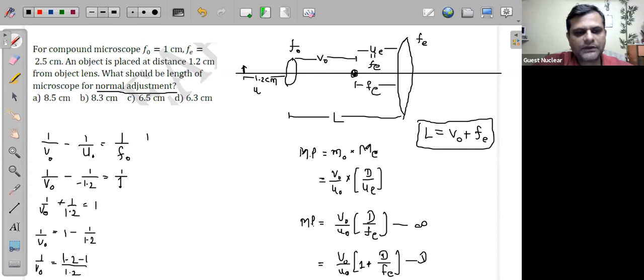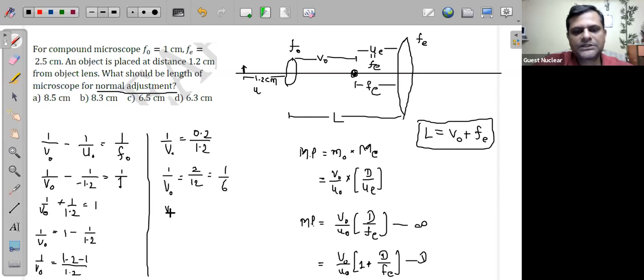And hence we can get this finally as 1 upon VO to be simply equal to 0.2 upon 1.2, correct? That means 1 upon VO should be 2 by 12. Okay, so 2 by 12, and 2 by 12 means 1 by 6, right? So since 1 upon VO is equal to 1 upon 6, so VO should be equal to 6 centimeter here in this way.